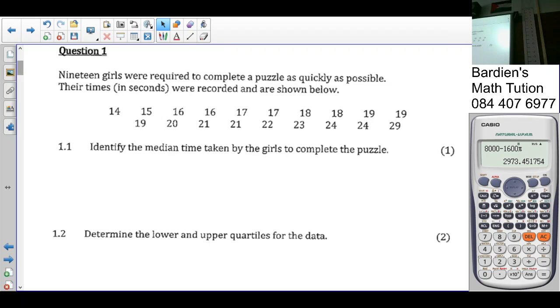What's the median? The middle number of sorted data. Is this data sorted? Yes. So there's 19. 19 divided by 2 is 9.5, which makes it the 10th number.